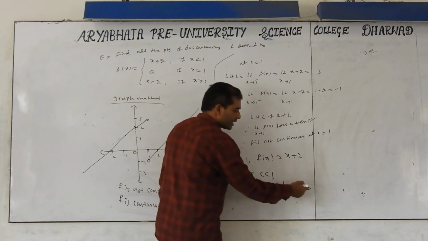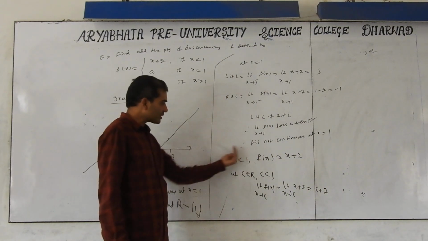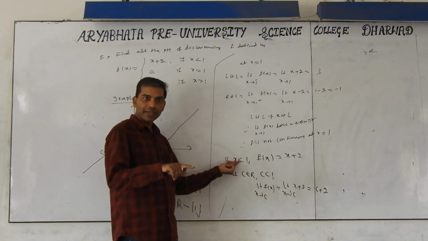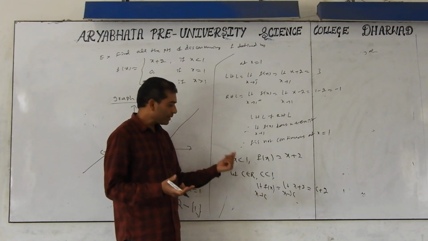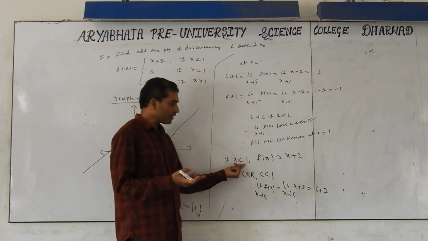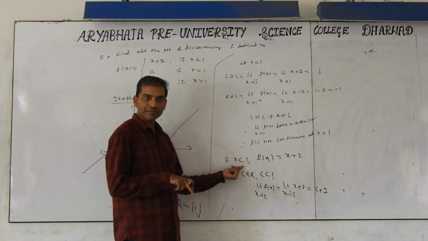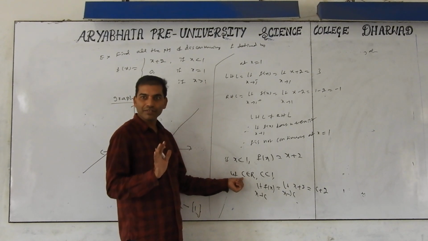Put x equal to C here: C plus 2. This is the limit value for all points less than 1. For example, if you take 0 or minus 1 below 1, how many points are there? Many. If you take 0, minus 1 may be left out; if you take minus 1, minus 2 may be left out. Then what to do? Take C, then every number is covered here.